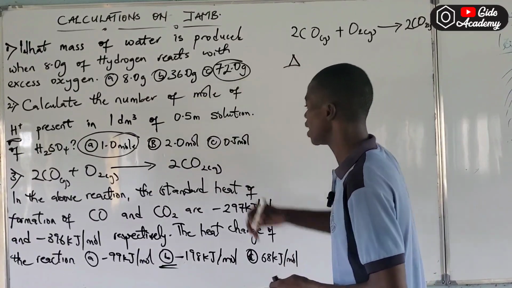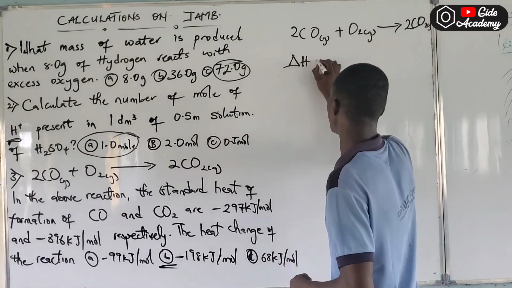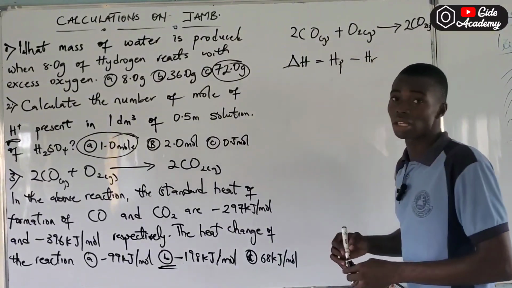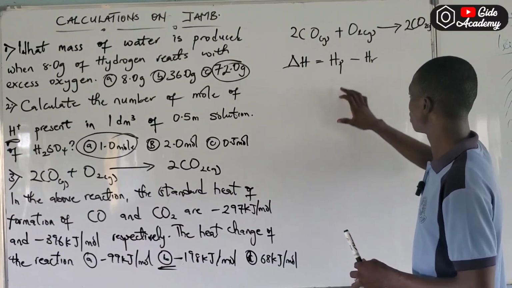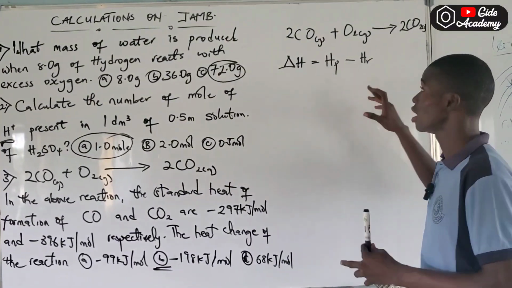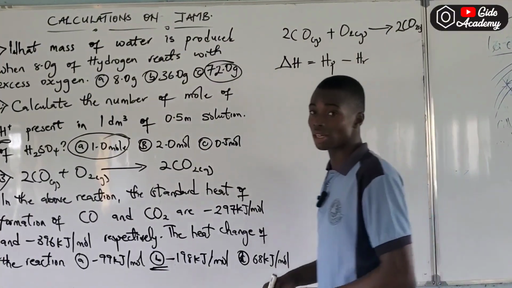So for you to calculate the heat change, delta H is equal to HP minus HR. That is the heat of formation of the product minus the heat of the reactant. Please take note, this is the product, while this is your reactant.